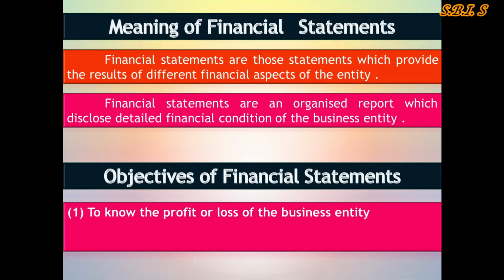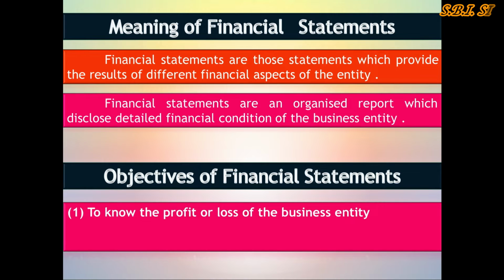First objective is to know the profit or loss of the business entity. Business entity undertakes revenue activities throughout the year. These activities are of two types, receipt and payment. If receipts are more than payments, the difference is known as profit.